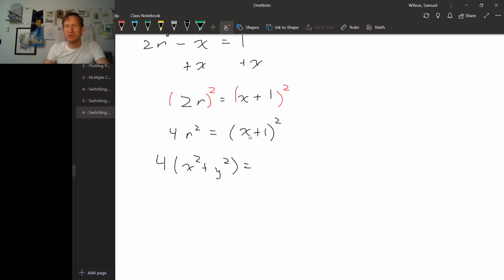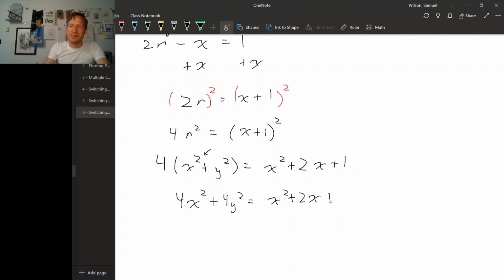It looks like we probably should multiply out this squaring because we'll get an x squared and we could combine it with that x squared. So let's multiply this out. x squared plus 2x plus 1. You distribute the 4 just so we can collect like terms. 4x squared plus 4y squared equals x squared plus 2x plus 1.